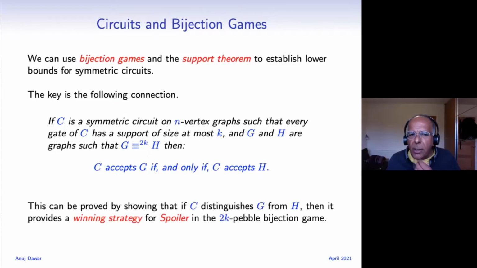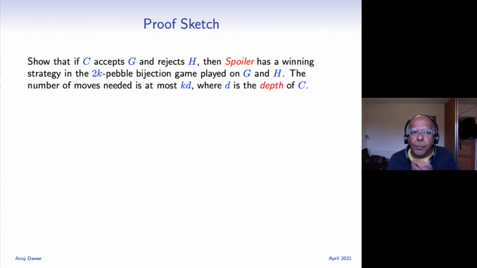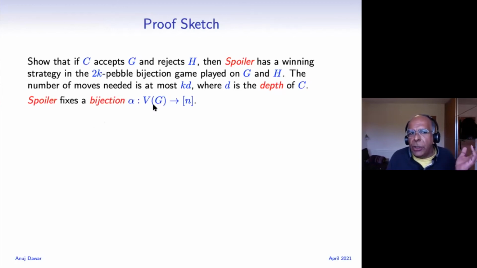How do we do this? We basically prove that if the circuit can distinguish, if it gives different answers on G and H, then the circuit describes a winning strategy for spoiler in the 2k pebble game played on these graphs. And the idea is quite simple. Spoiler fixes some bijection from the vertices of G to the inputs of the circuit.